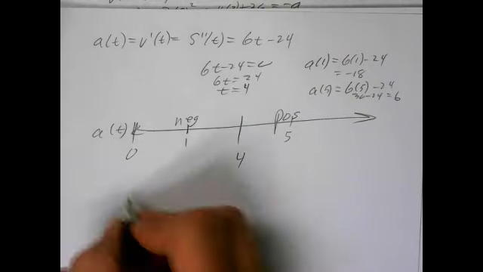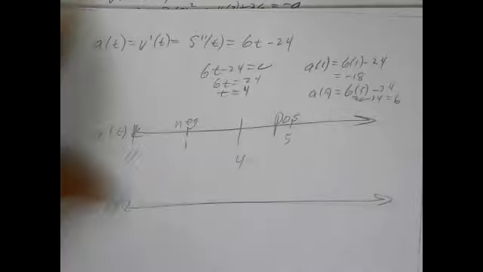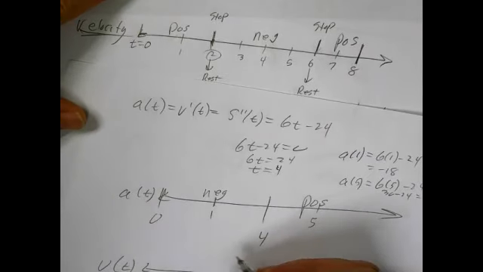All right, so if we lay next to that our velocity number line, sort of recopy it from what we had here, what we found is that up to time 2, we had velocity being positive, and negative up to time 6, and then positive after that.